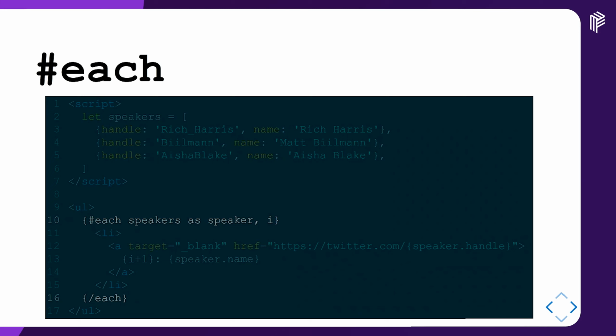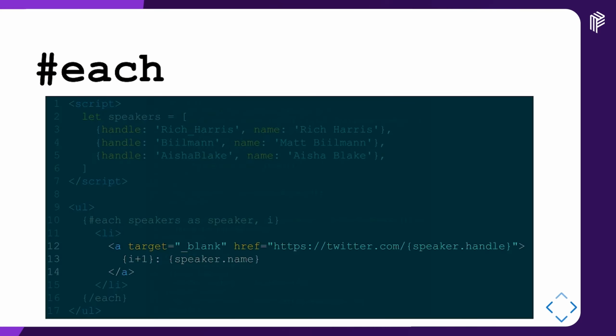So we're having each speaker in the speakers array here in a list item, and we're just rendering out the speaker handle, which is defined in our speakers array. The comma i is just so we can increment over it. We could also use a keyed each block where you'd have brackets rather than speaker, and we'd say speaker name, just to have it as a unique item in that list. But for the size of this example, it doesn't matter.